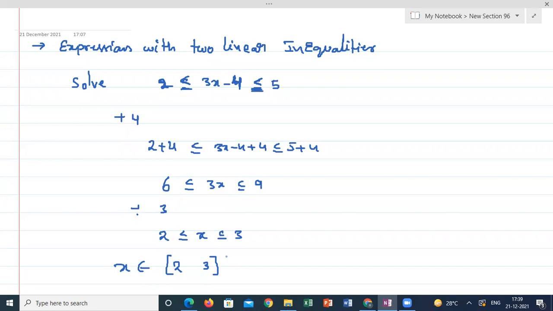Shall I give one more question based on this? One or two questions we will try based on these relations. Students, I can give. Guys, yes or no? Shall we go for one or two questions practice based on an expression with two linear inequalities?